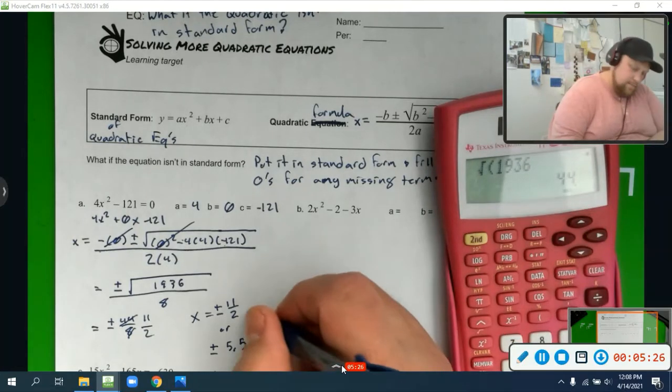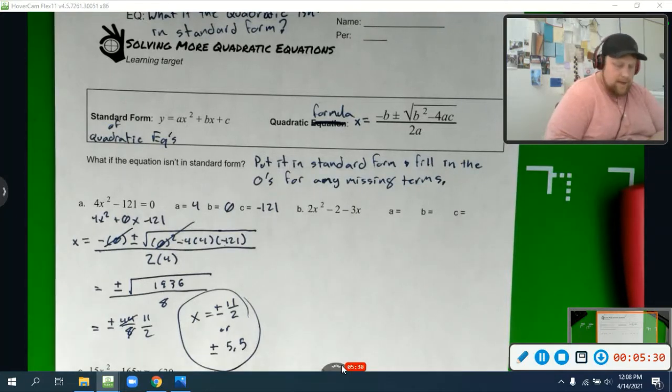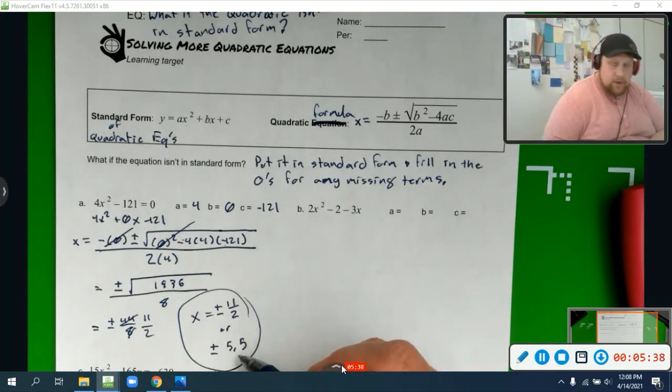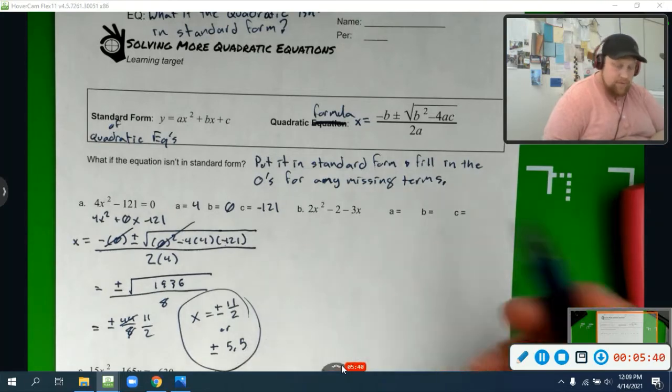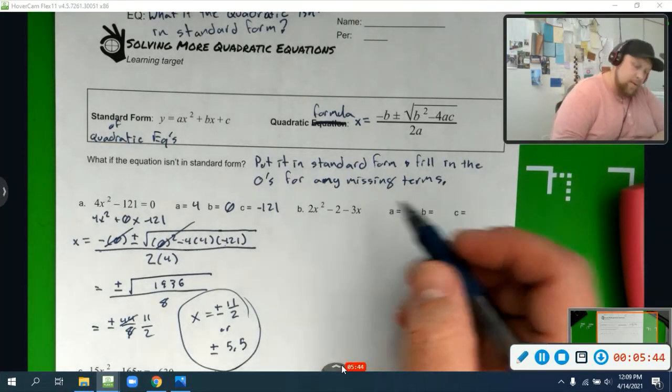Either answer is fine. And that plus or minus, what does that mean? It means it's literally positive 5.5 or negative 5.5. Both will get the same answer because when you square them, they turn positive anyway.